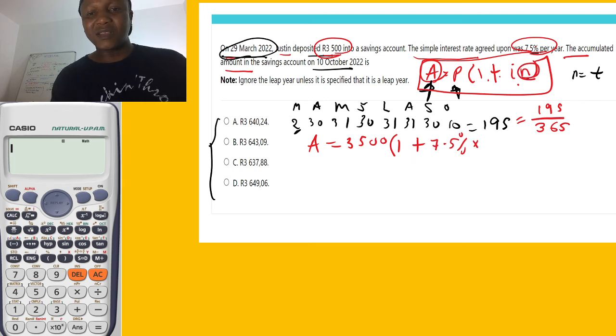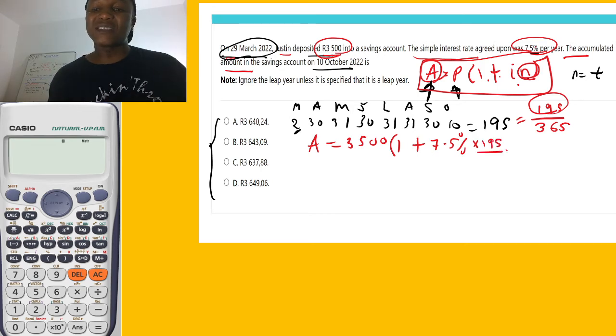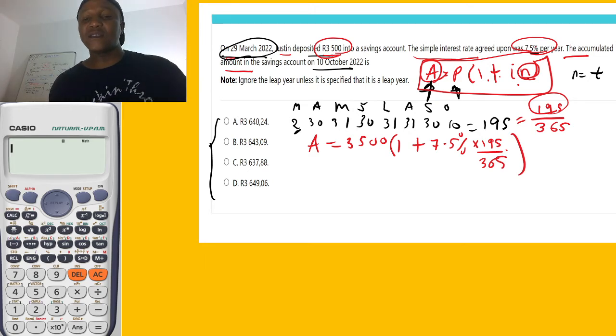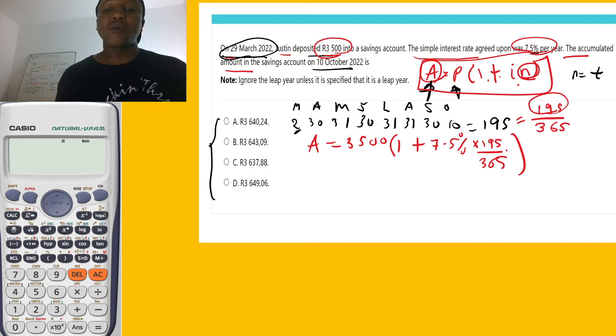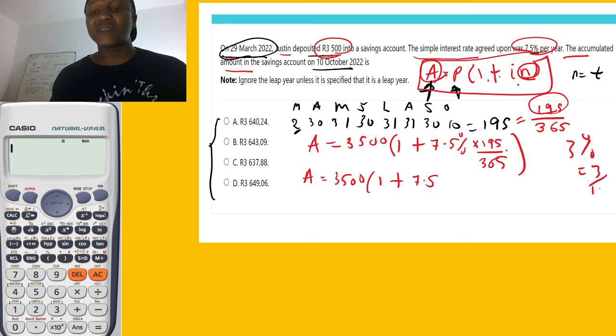How many years? The number of years means number of days, because you don't have a year, it's just days, which is 195, but you must divide by 365 to change the days to years. So this is the same as saying amount equals 35,000 times 1 plus 7.5 over 100. If somebody says 3%, it's the same as 3 over 100. So 7.5%, 7.5 over 100, multiplied by 195 over 365.